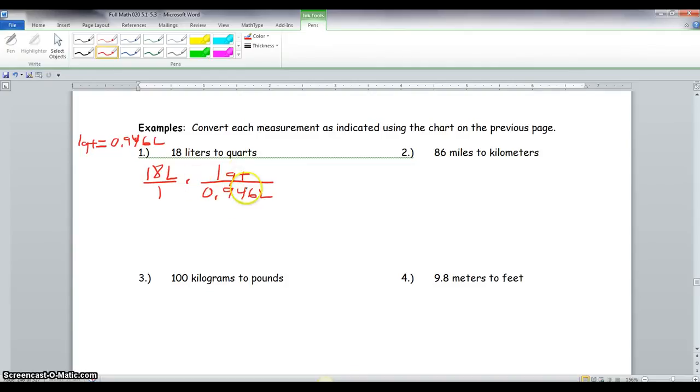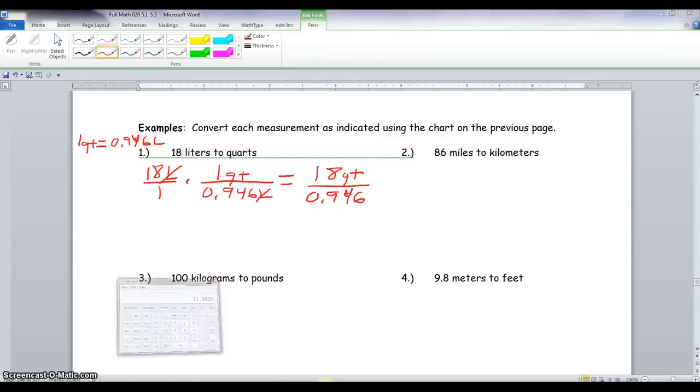So this is really being multiplied by 1. So these liters will simplify out, and we will have 18 times 1 quart, which gives you 18 quarts, all over 1 times 0.946, which is 0.946.